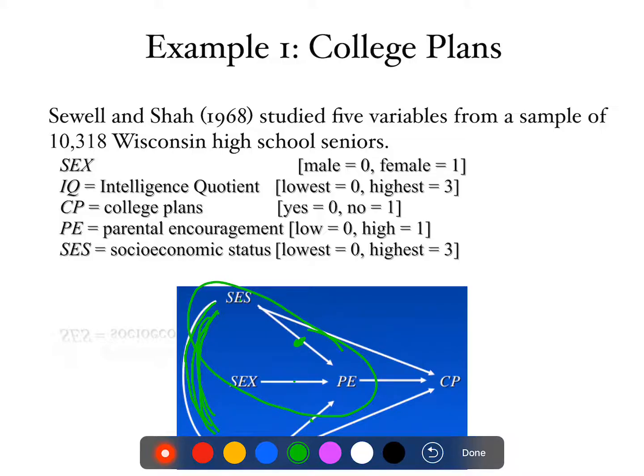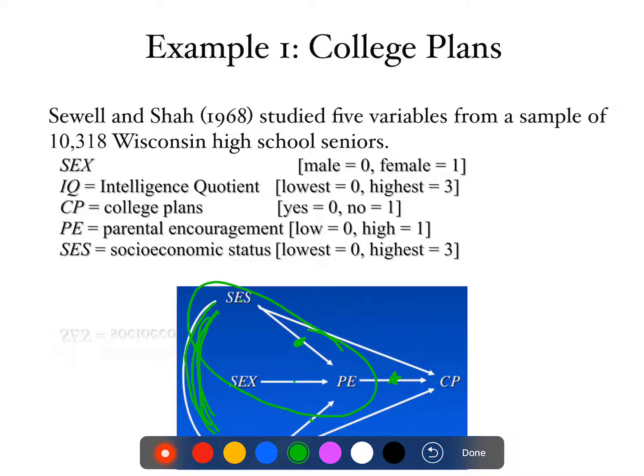So how can you determine the direction of this edge from PE to CP? Yeah. V structure between SES and CP?